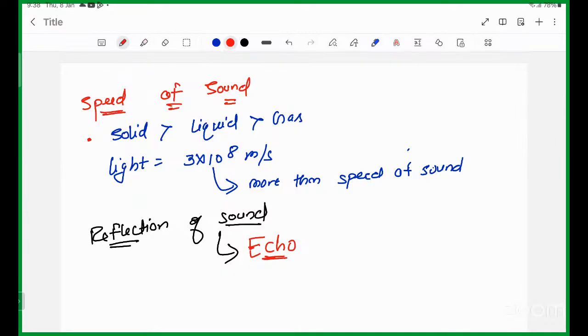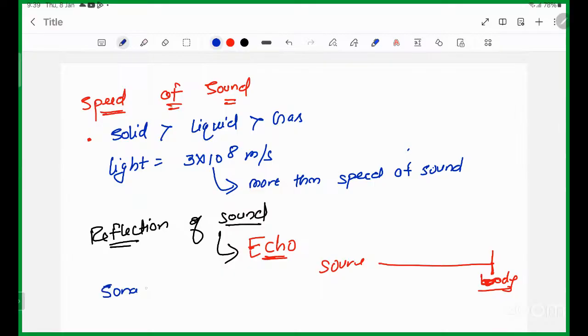It comes after a period of time. If there is a source and this is the reflector, this body, any object, the sound will come back. In this it reflects like this.